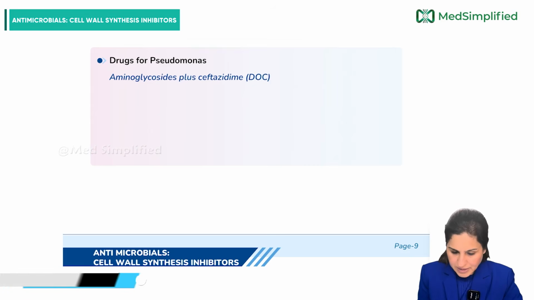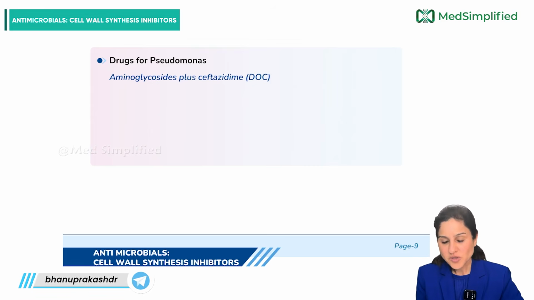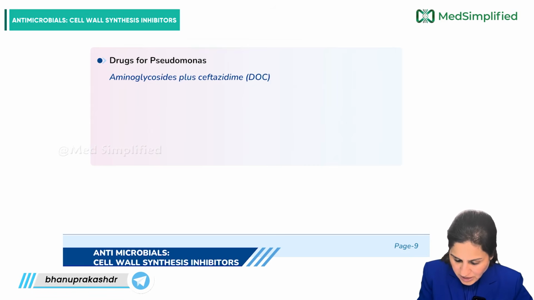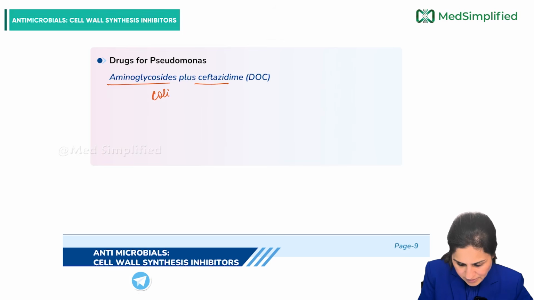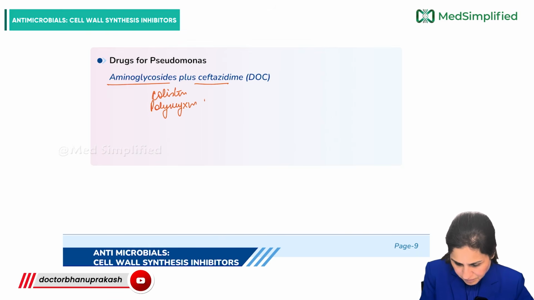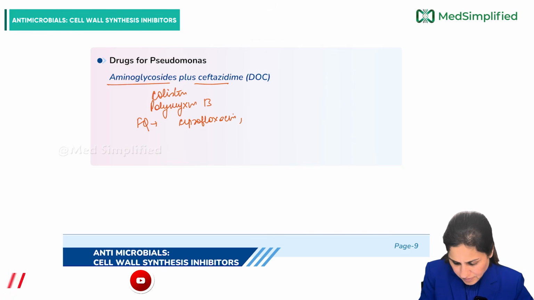Okay. So what are the different drugs used for pseudomonas? Important. The drug of choice you have discussed: aminoglycosides plus ceftazidime. Then you can also give colistin, and you can give polymyxin B. Then we have various fluoroquinolones which you can use: ciprofloxacin, levofloxacin.